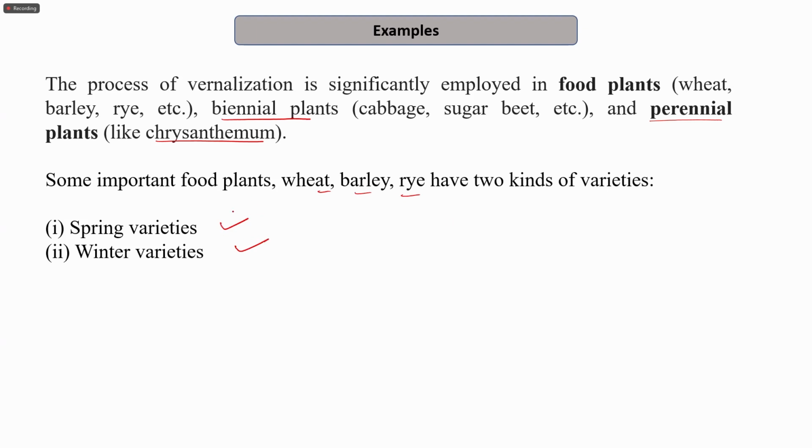Now, what is the difference between them? Spring varieties are normally planted in the spring, as the name suggests.